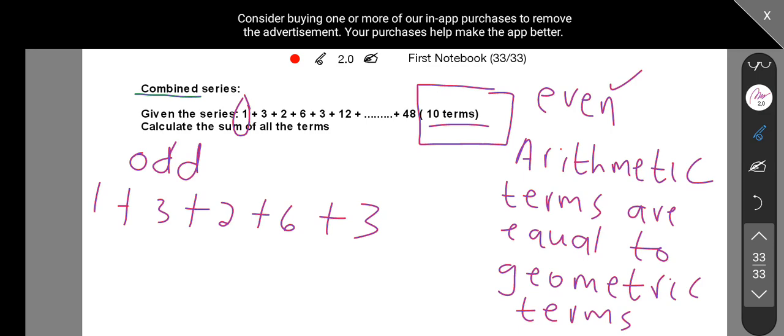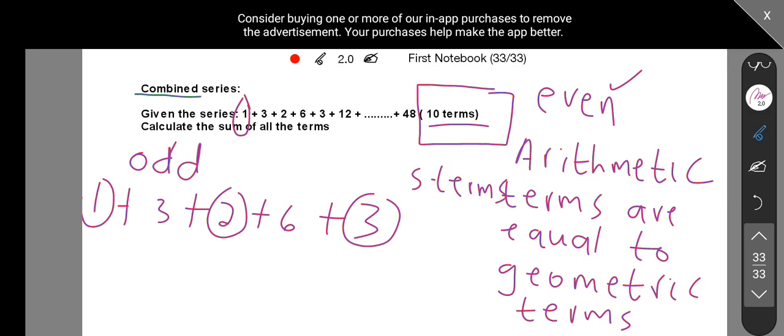Okay, let's leave it here. We can see that this series is the arithmetic part of the series. Okay, so it ends with an odd number. We are adding an odd number of terms. This is 1, 2, 3, 4, 5. We have 5 terms. It's not even because it's not divisible by 2.